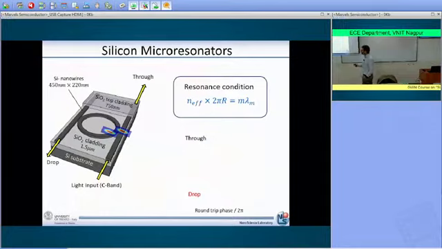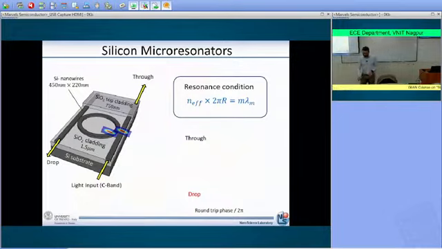And therefore, at this point here, we have a coupling. We have the possibility to have a passage of optical power from the bus waveguide into the microring resonator, okay? And the strength of the coupling is given by the overlap between the field that is confined within the waveguide and the field that is confined within the microring resonator.